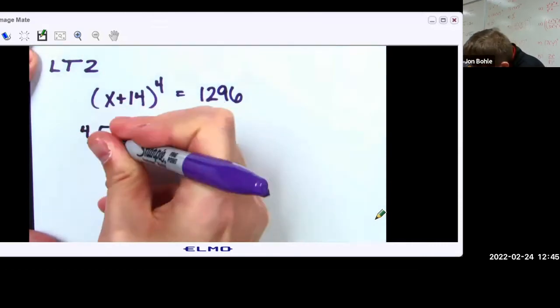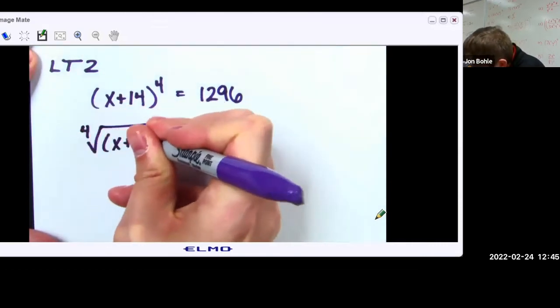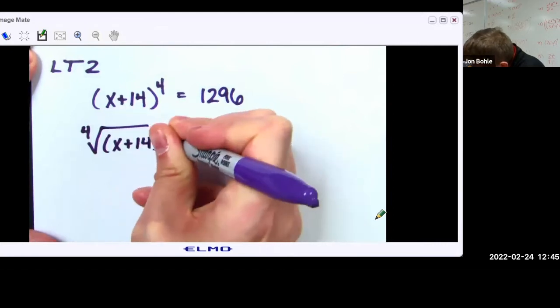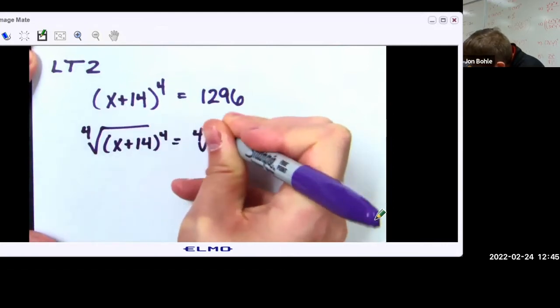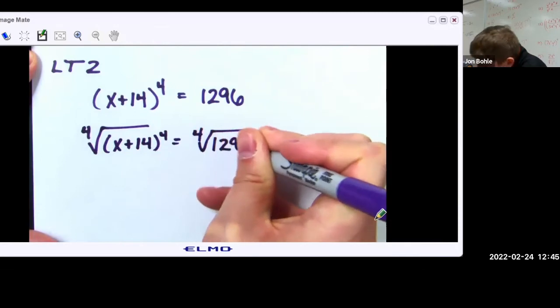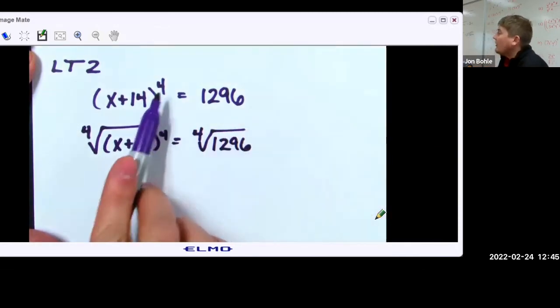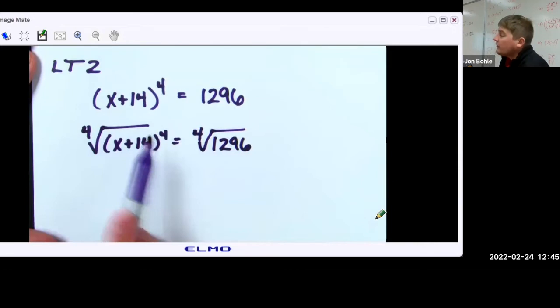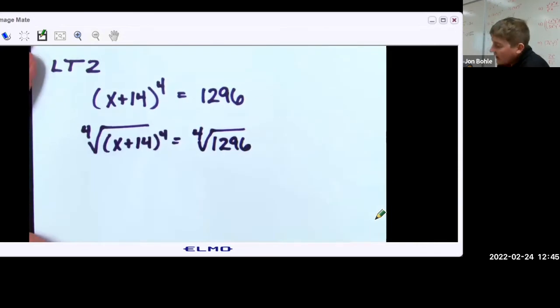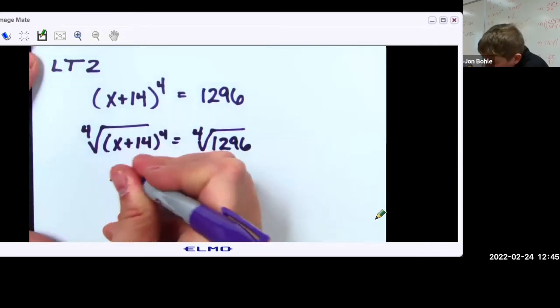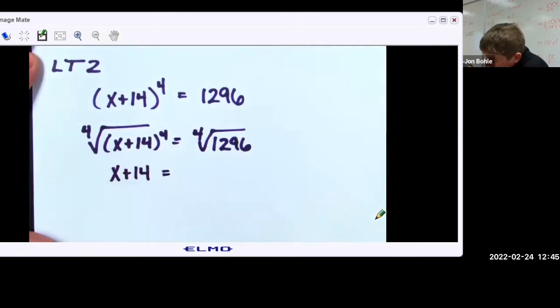Additionally, understand the relationship between 4th powers and 4th roots. If I take the 4th root of something that's being taken to the 4th power, what happens? They cancel out, and I'm left with just x plus 14 equal to the 4th root of 1296.